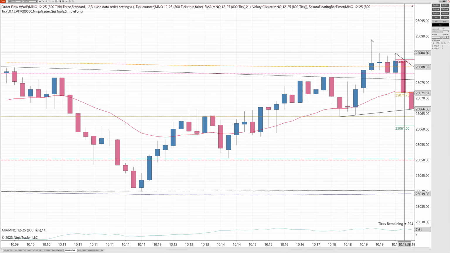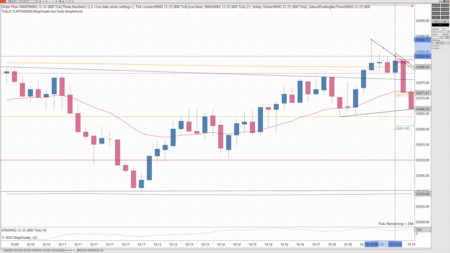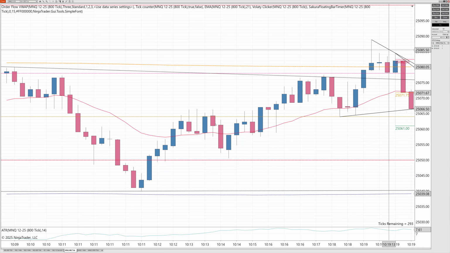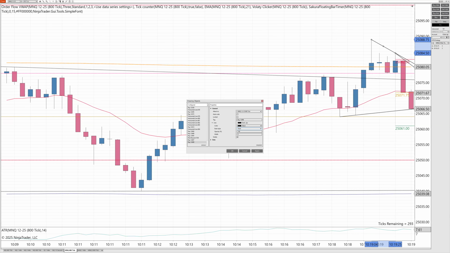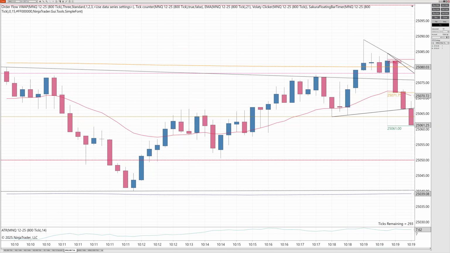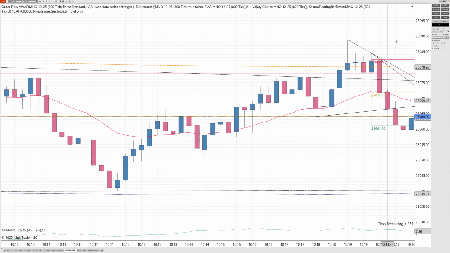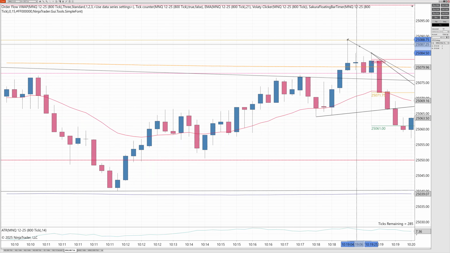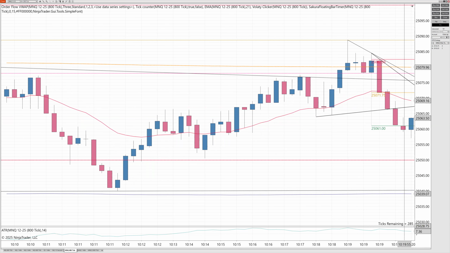This line and this line. It ends up working. Golden ruler moves to the top. And I believe the runner gets taken out right there.